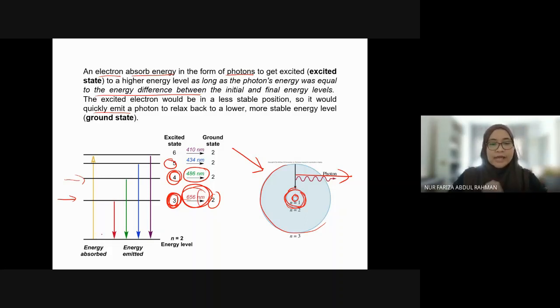So the energy should be enough for the electron to be excited to the next level. Maybe n=3, n=4 will require another specific amount of energy, and so on.